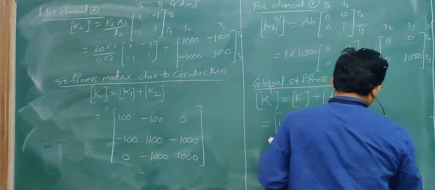I'll add directly: 100 plus 0 is 100, then minus 100, then 0 plus 0 is 0, then again minus 100, then 1100 plus 0 is 1100, and minus 1000 plus 0 is minus 1000, then 0, minus 1000, and the last element is 1000 plus 1000, that is 2000.